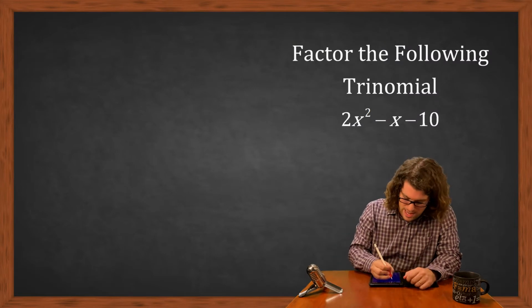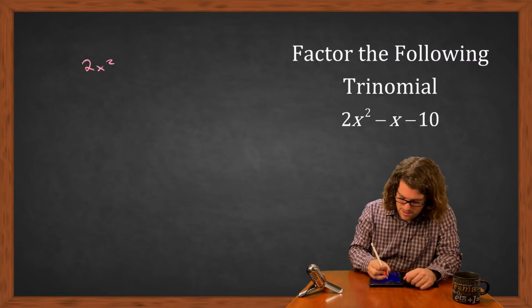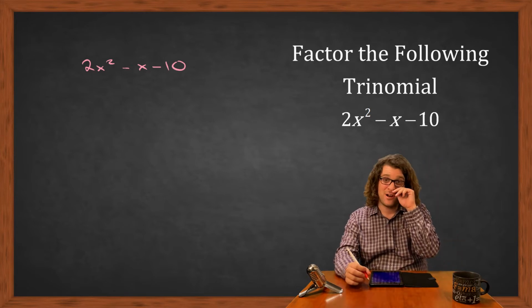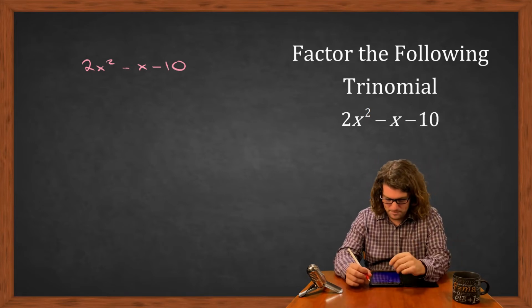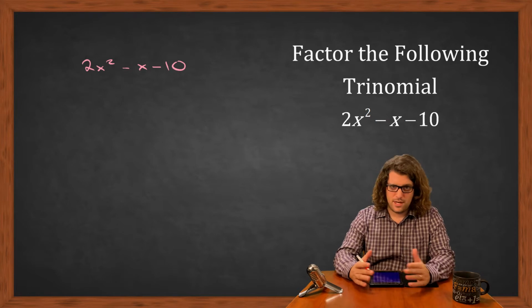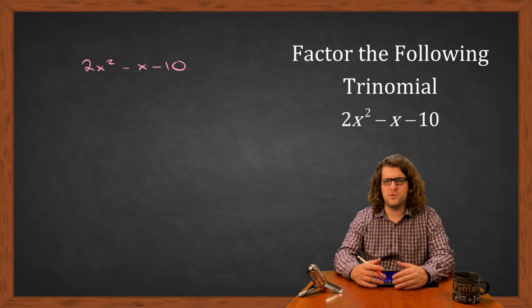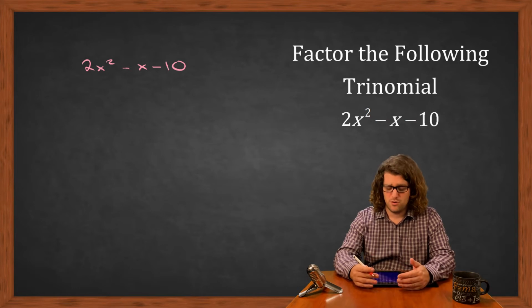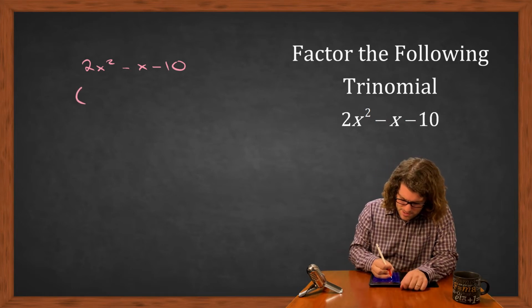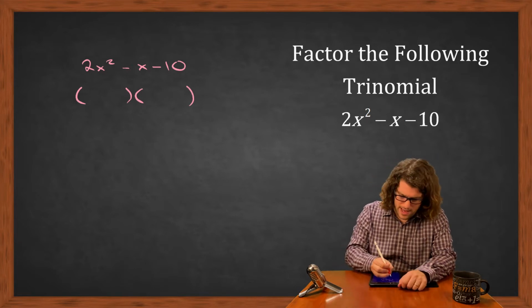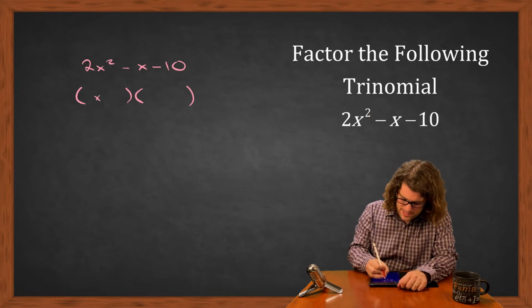Alright, so we have 2x squared minus x minus 10 as our trinomial that we're going to be factoring here. I'm going to tell you through experience, and you might know this too from doing a bit of multiplying of binomials, that this answer is going to look like a binomial times a binomial. Not only that, it's going to be one that has an x here and an x here.